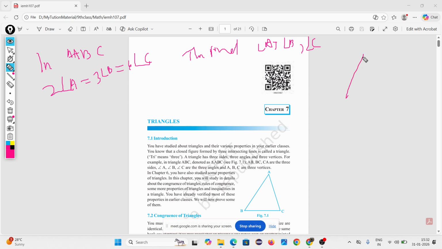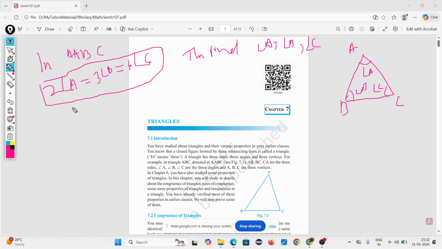Suppose it is a triangle ABC. This is angle A, this is angle B, this is angle C. The question is 2 angle A equals 3 angle B equals 6 angle C.